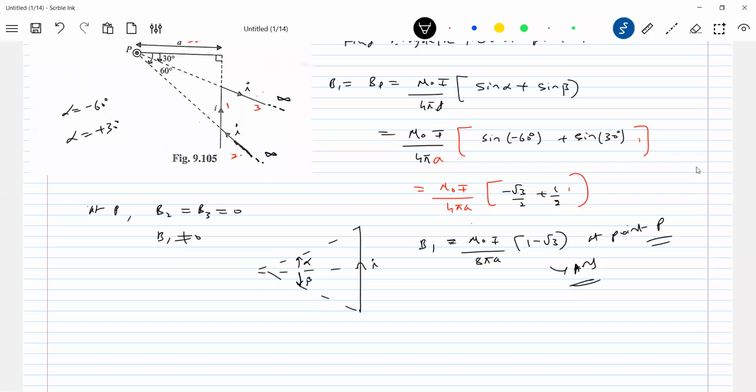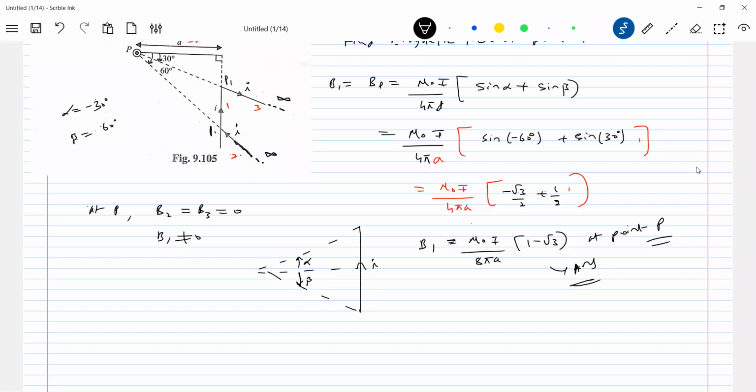So it is a point there, no? There's a line, no? So alpha will be minus 30. Yeah. This will be upper.